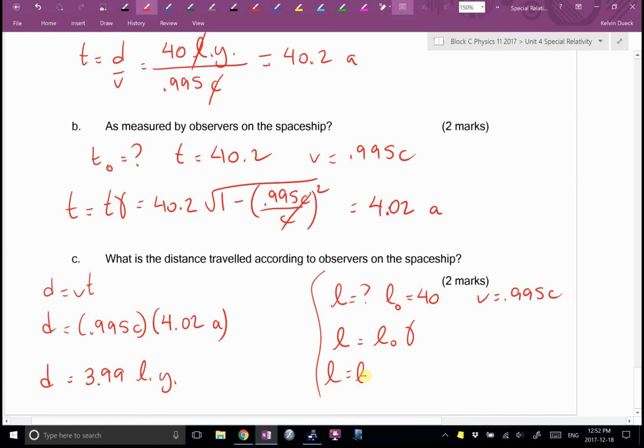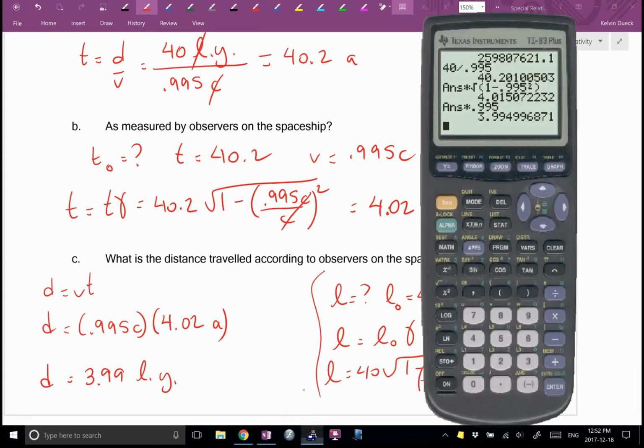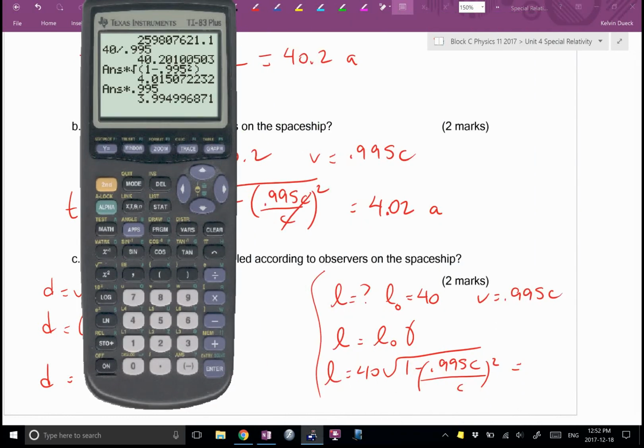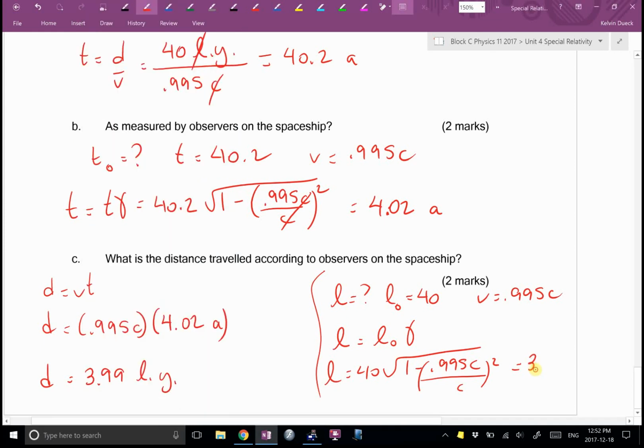It's going to be L0, 40, times the square root of 1 minus 0.995 c over c all squared. And if I'm lucky, I'll get exactly bang on the same answer. Here we go. Oh, look at that. Even to the 9th decimal place, bang on. I'll take either approach.